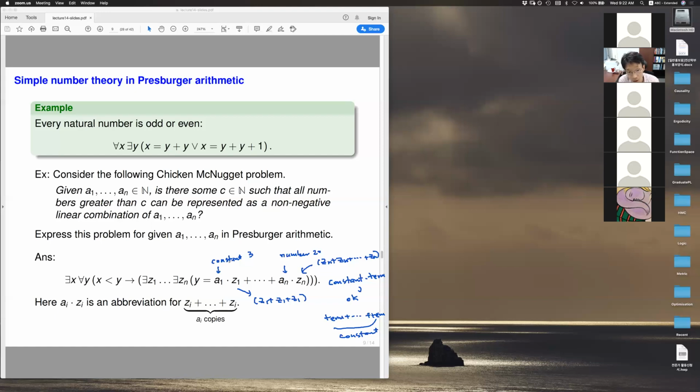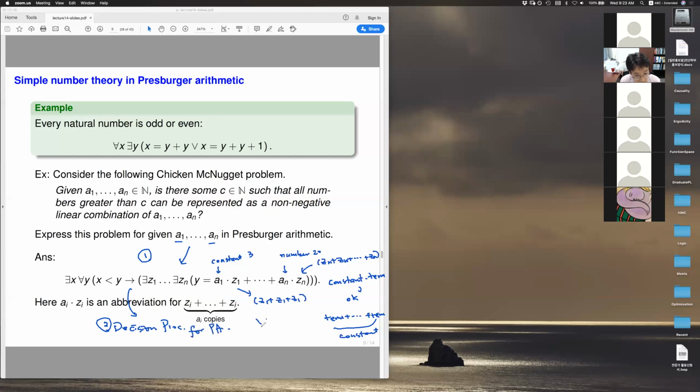Now, the interesting bit is that, as I said, because it has a decision procedure, we can design an algorithm by calling the solver for Presburger arithmetic. So how do we solve this Chicken McNugget problem? Given numbers from a1 up to an, step 1 is we generate this Presburger arithmetic formula. Step 2 is we call the decision procedure for Presburger arithmetic.